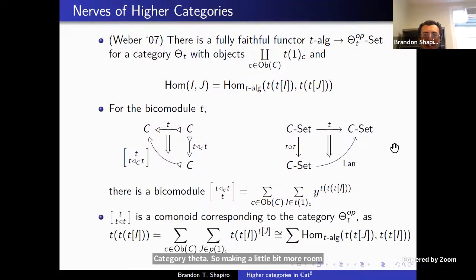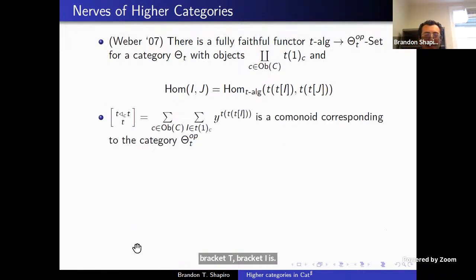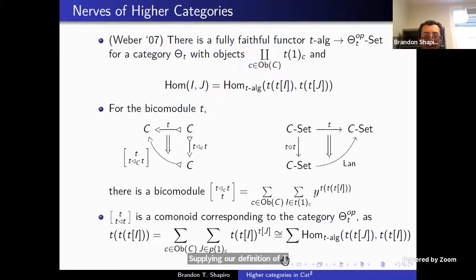If we work out exactly what this set, T of T bracket T, T bracket I, is, supplying our definition of T, we only need to unwrap that definition once on the outside.